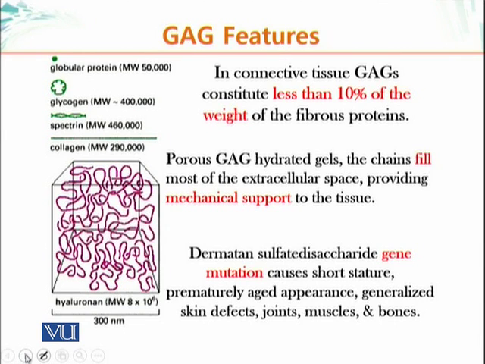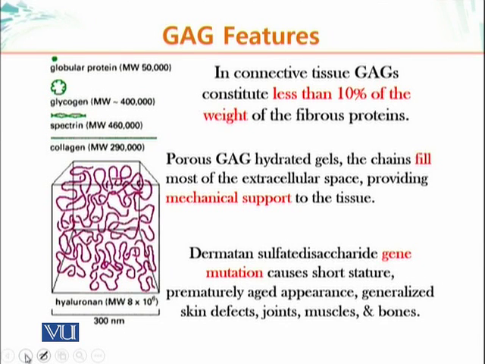Porous GAG hydrated gels fill up the extracellular space, and they can provide mechanical support, for example, resisting compressive forces. If the dermatan sulfate disaccharide gene is mutated, it causes short stature, prematurely aged appearance, generalized skin defects, and joint and muscle defects.